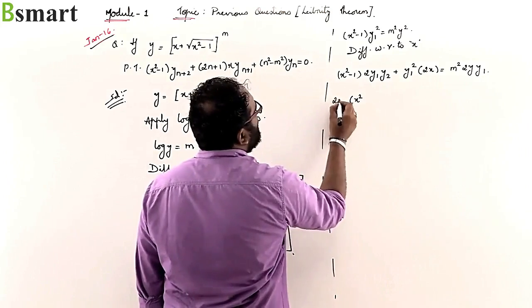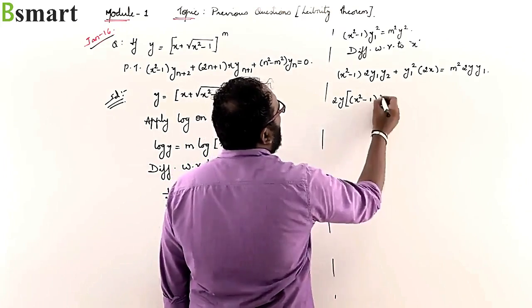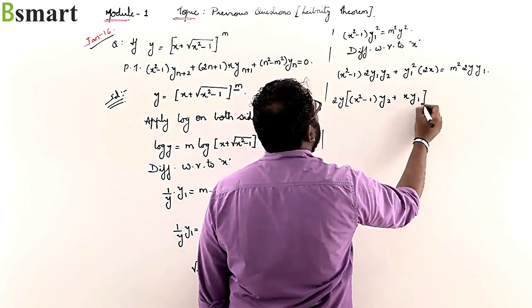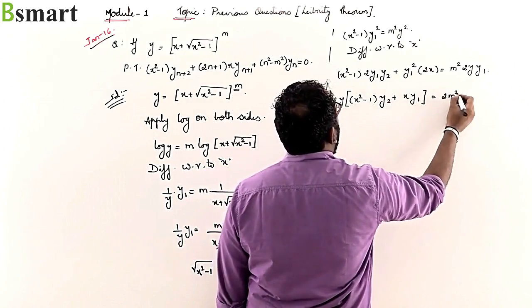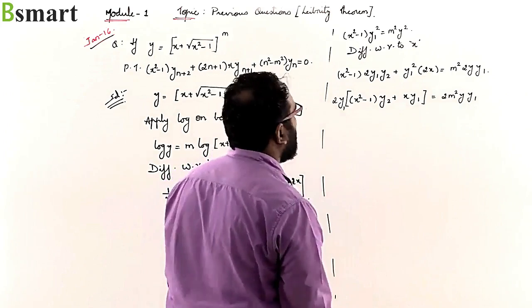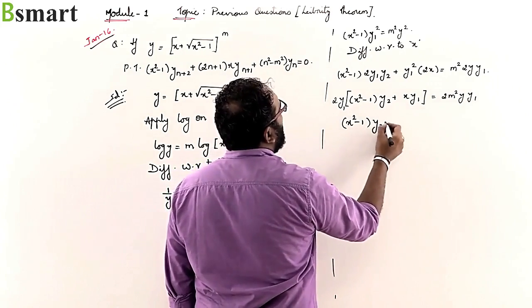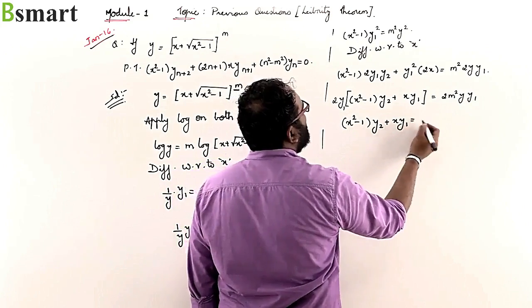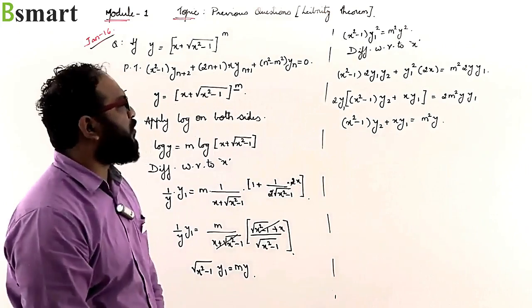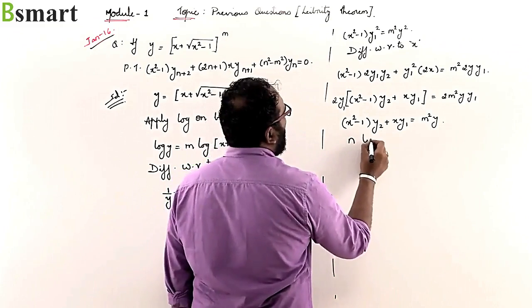If we are taking 2y common, then that will be x square minus 1 into y2 plus x into y1 is equals to 2m square y into y1, or, we have taken y1 common, so this can be written as x square minus 1 into y2 plus xy1 is equals to m square y. Now we got a relation between y1 and y2. Now differentiate it n times.